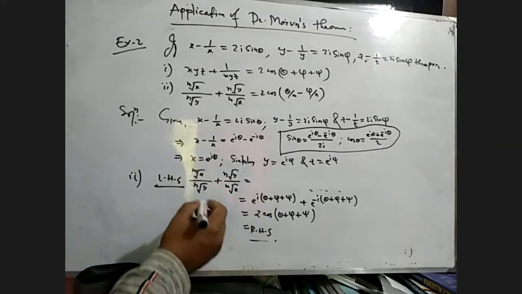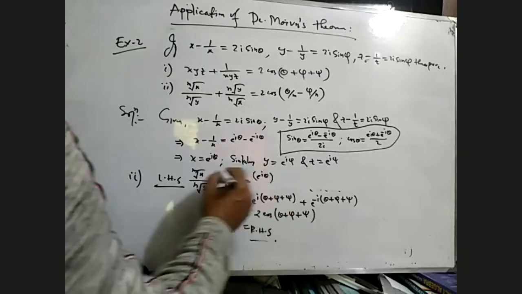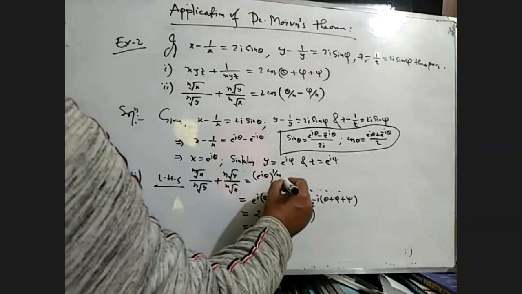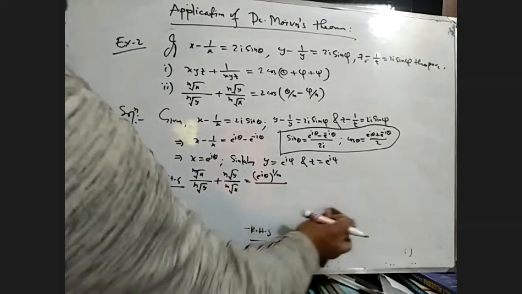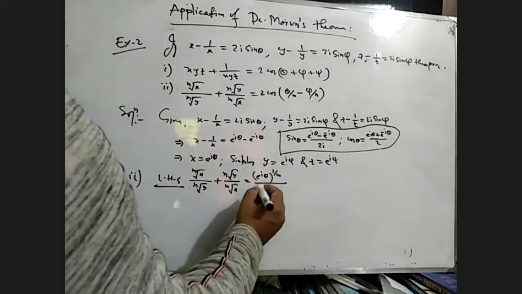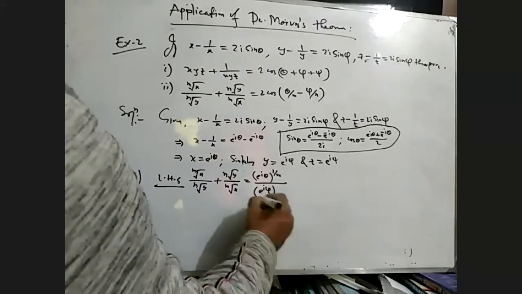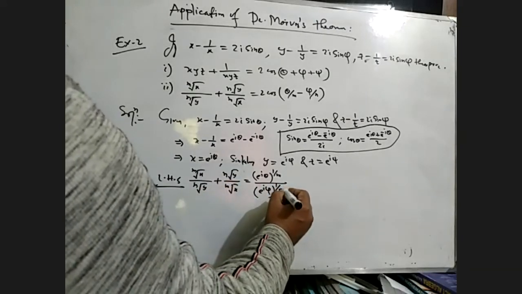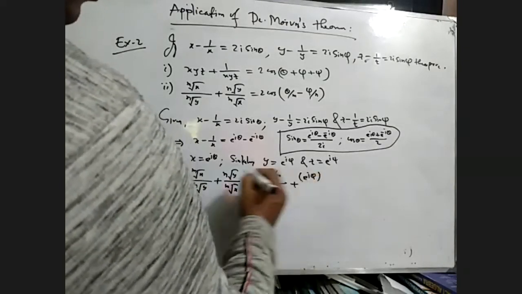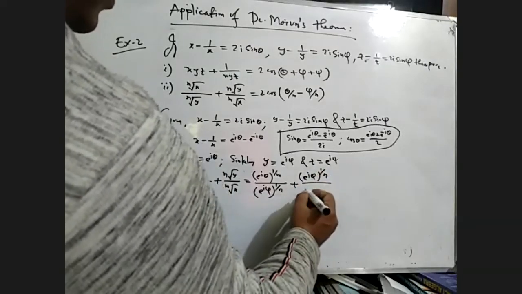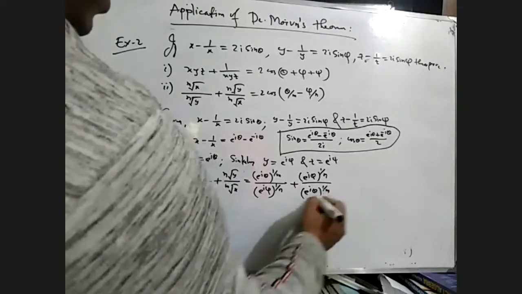This can be written with x value e to the power i theta, and mth root means 1 by m, divided by nth root over y, y value e to the power i pi, nth root means 1 by n, plus y value e to the power i pi to the 1 by n, divided by x value e to the power i theta, mth root means 1 by m.